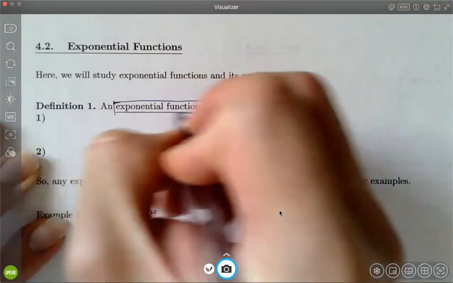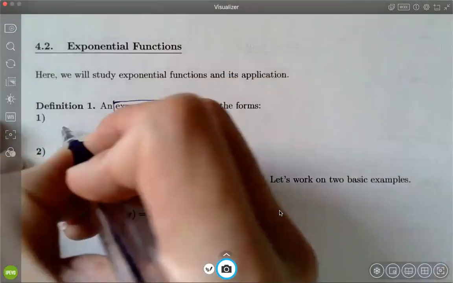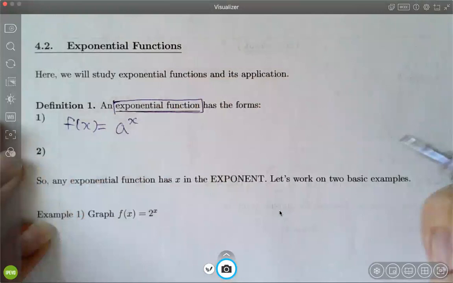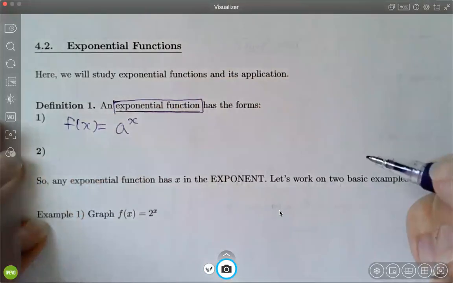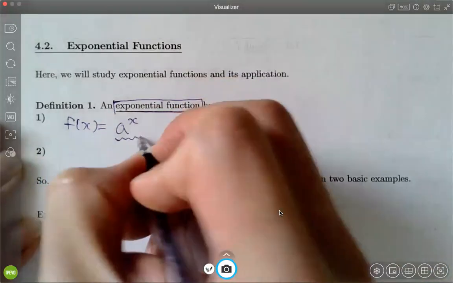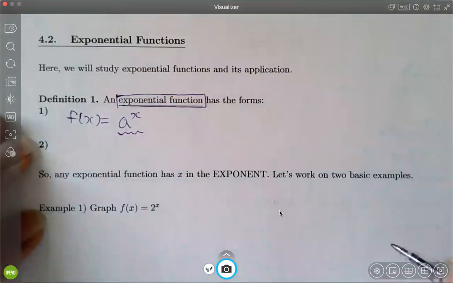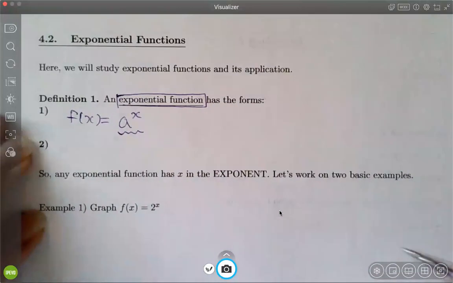Number one, f of x is equal to a to the power x. Okay, so what do you notice? X is in the exponent. Now this is the exponent.